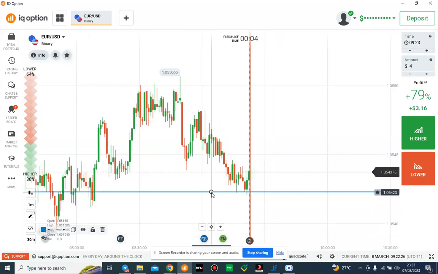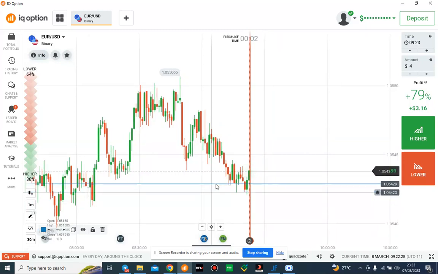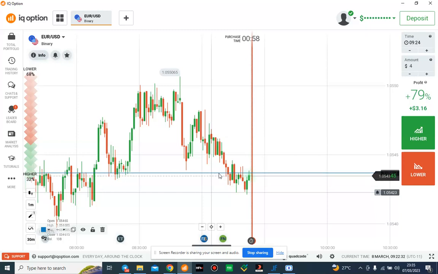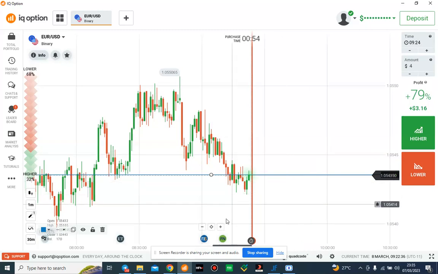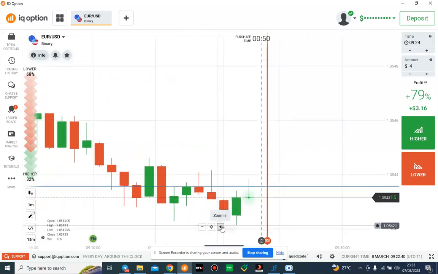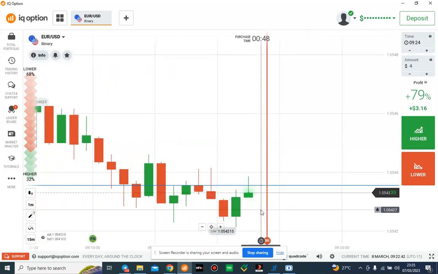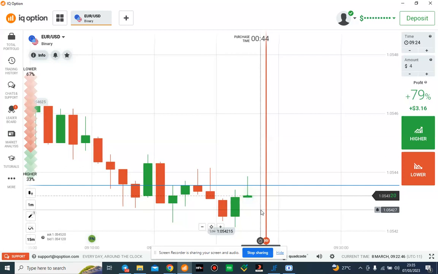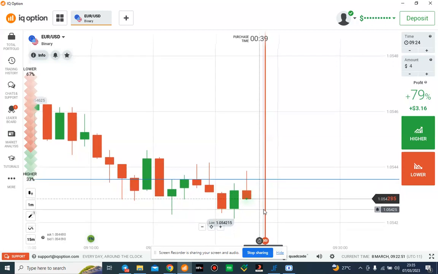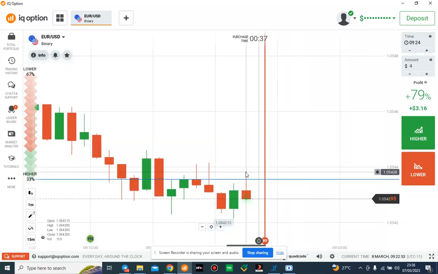Okay, this is also sellers area. It creates a new high.